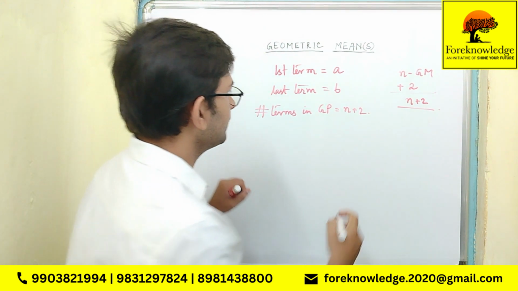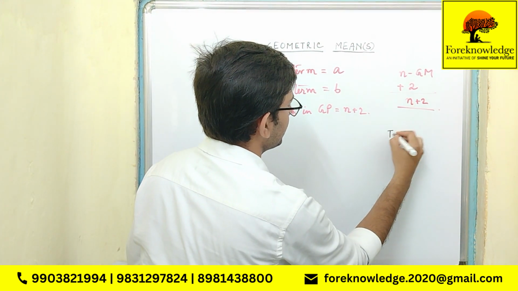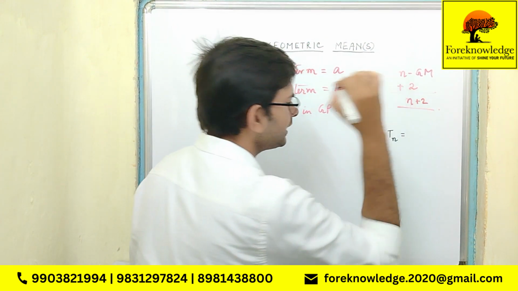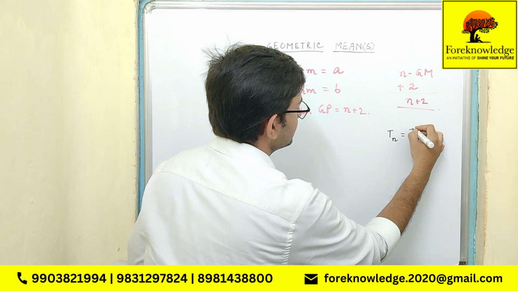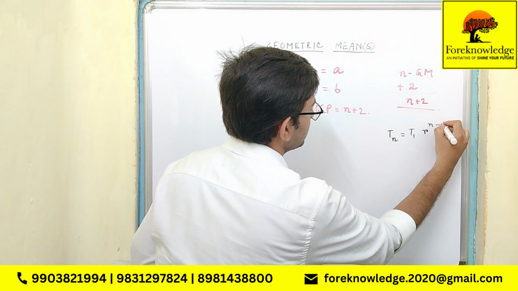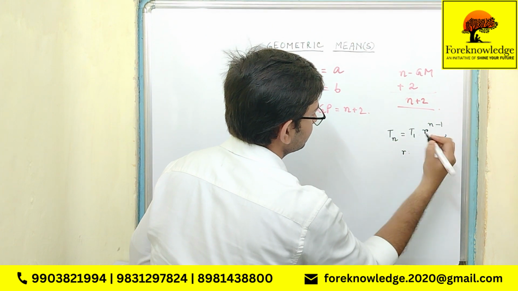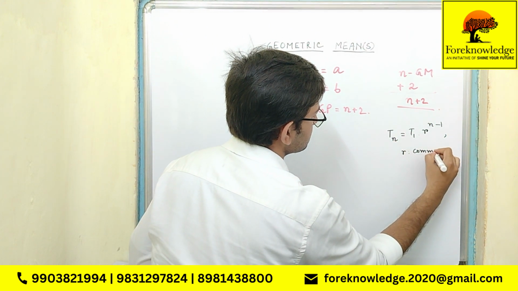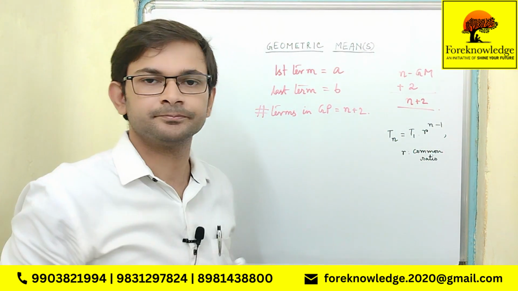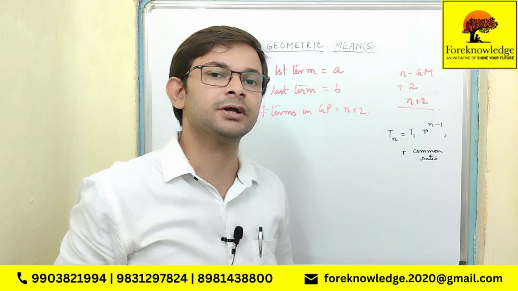If the last term is Tn, then Tn equals the first term into r to the power n minus 1, where r is the common ratio and n is the number of terms.